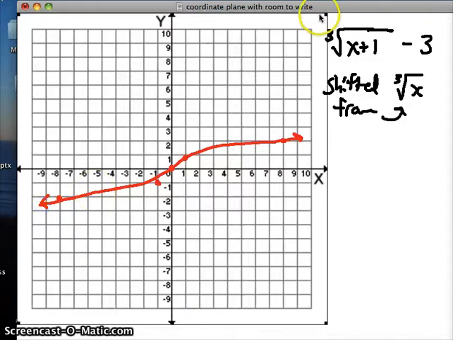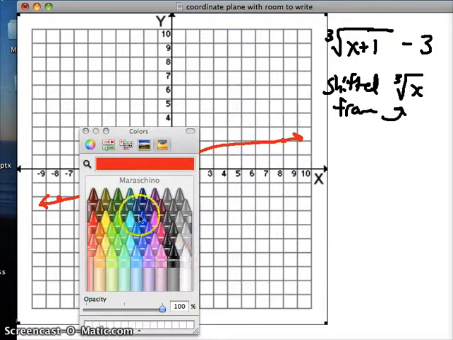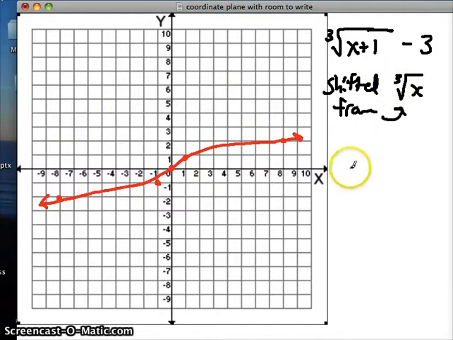So how does this new function look different? How did this graph get moved to now be this function? Okay, well, we know our center for that is the opposite of what it looks like there. So our h value is negative 1 and our k value is negative 3.